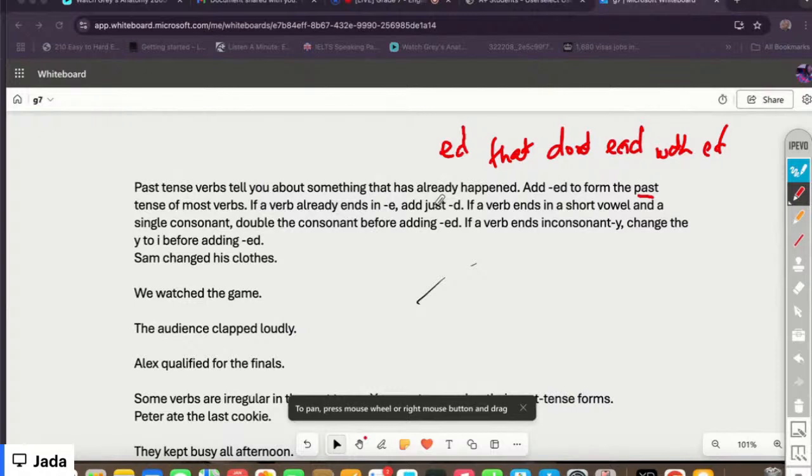If a verb already ends with e, then you just add d. So just like when we have dance, and then you want to put the past tense form, it already has e, so you just have to add d. That's all. If a verb ends in a short vowel and a single consonant, double the consonant before adding ed. If a verb ends in a consonant and y, then change the y to i before adding ed.